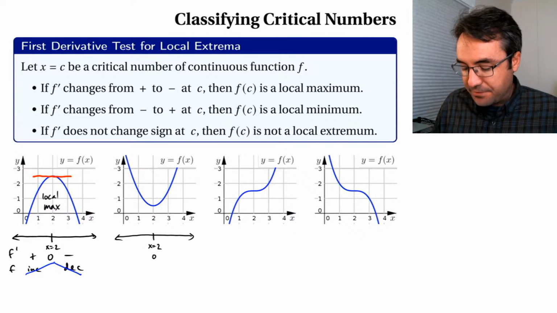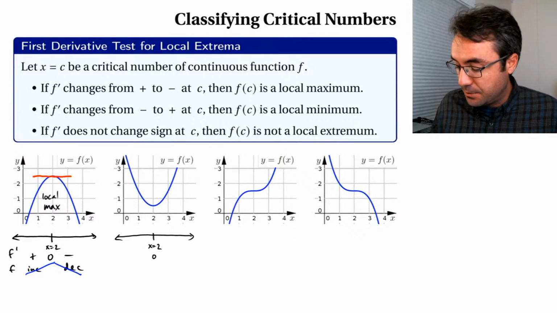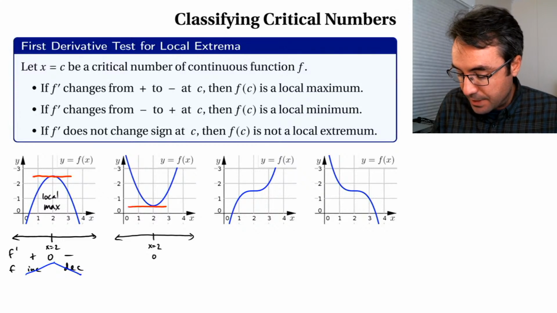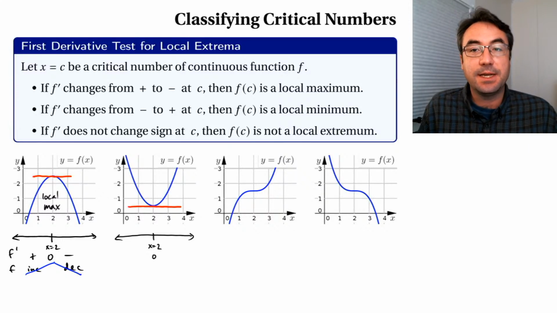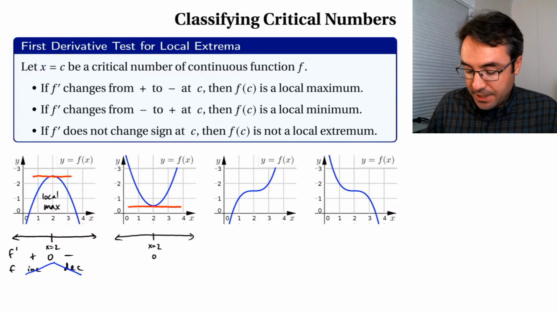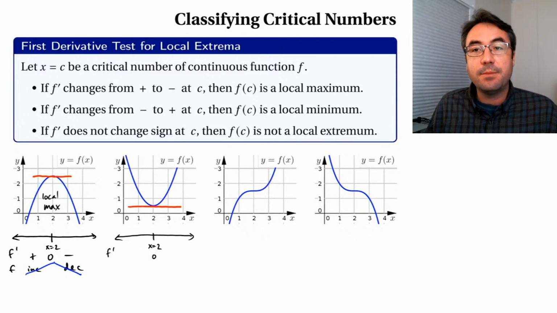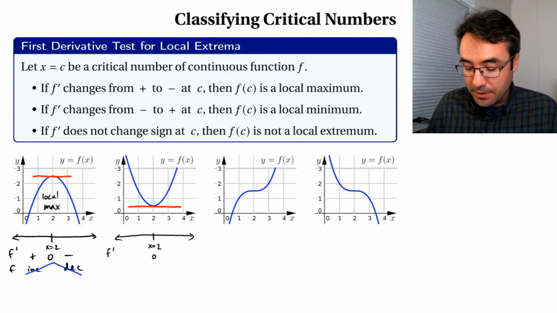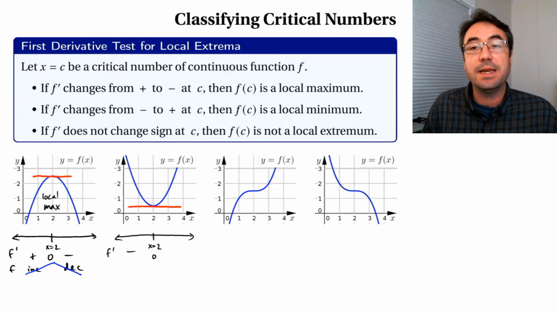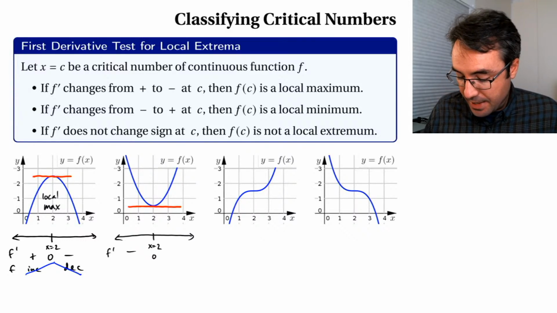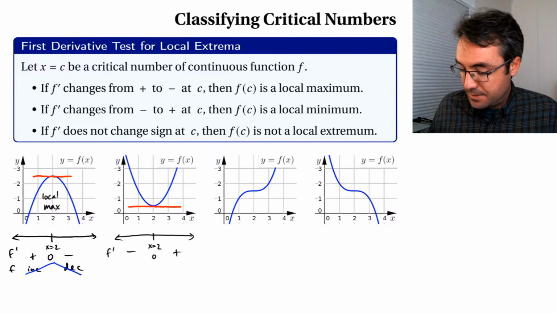We're seeing that our graph flattens out at x equals 2 again, so we have a horizontal tangent line there. But if we were doing a sign chart, what we would see for f prime is that our graph is decreasing on the left, so f prime would be negative on the left, and then positive on the right.